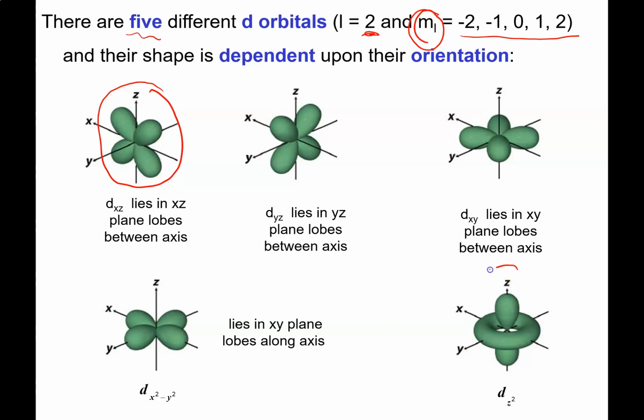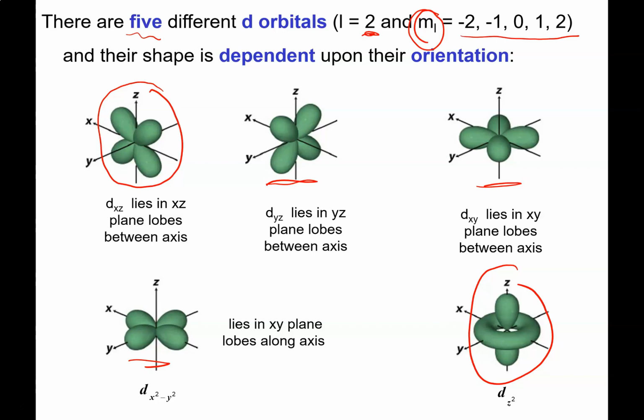The fifth one here has a slightly different shape, but you can see that these are clearly distinguishable from the p-type orbitals or s-type orbitals. So these ml values correspond to the different orientations of the d orbital.